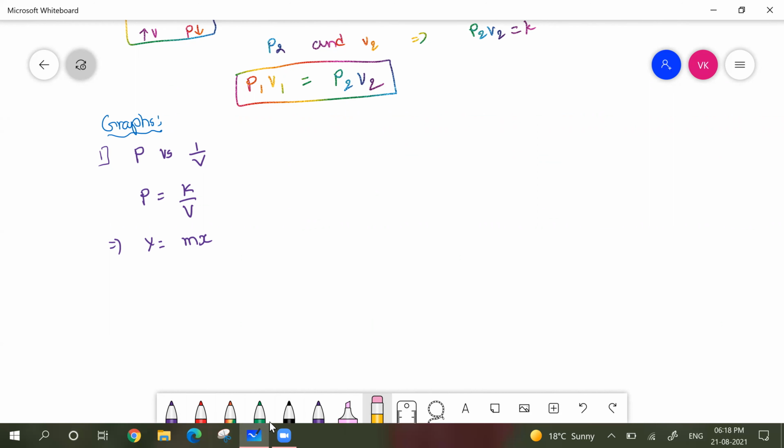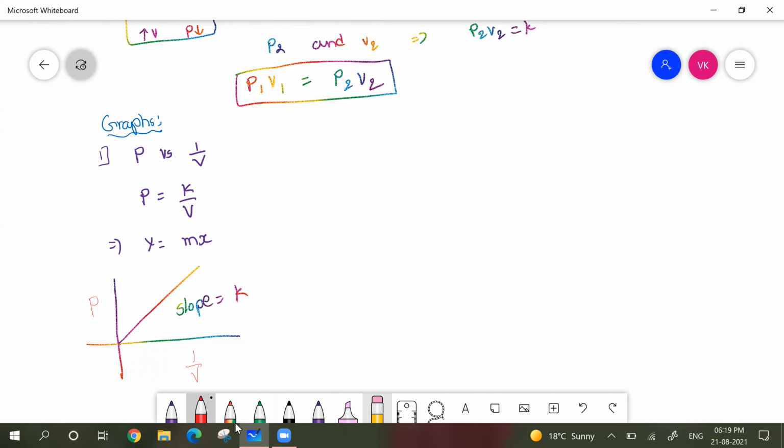Here x is 1 over V, and on the y-axis, instead of y, I'm going to write P. So it's a straight line graph. What graph are you going to get here? A straight line passing through the origin. What is the slope value? The slope m is equal to K. So this is the first one, students.